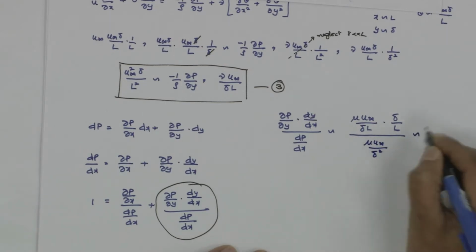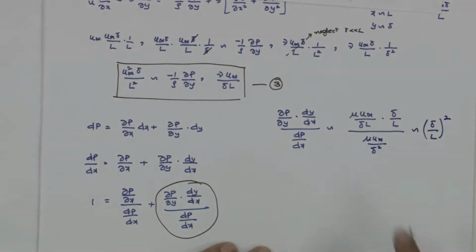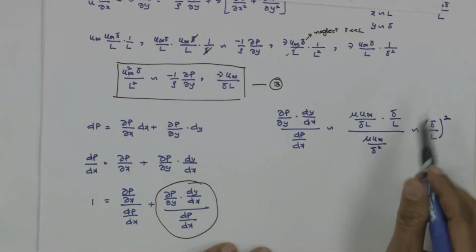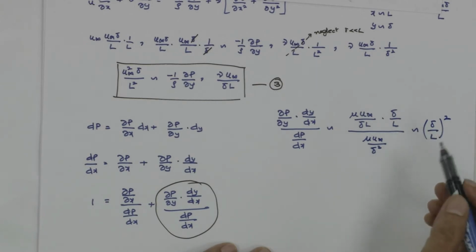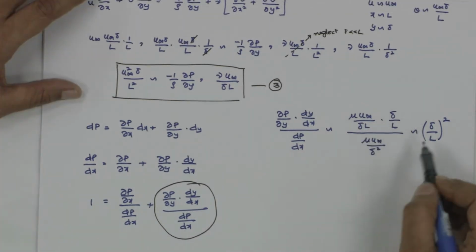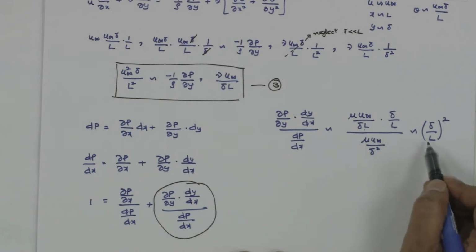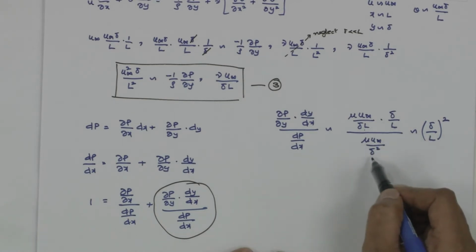As you can see here, this is nothing but delta by L whole squared. u infinity cancels out, and then you have nu u infinity by mu u infinity into delta L. Sorry, L squared is there, mu u infinity by delta squared, it is there.